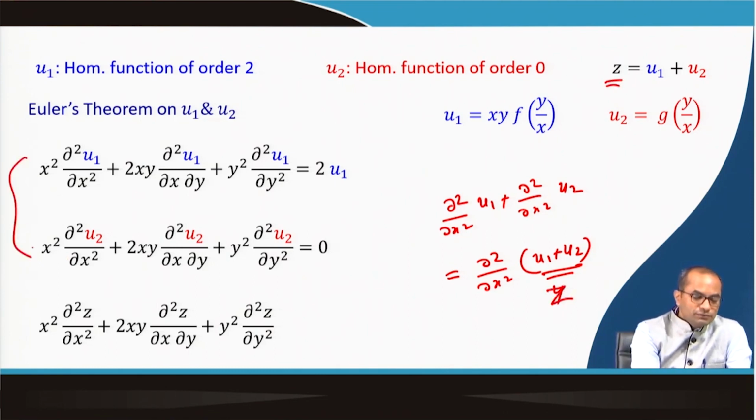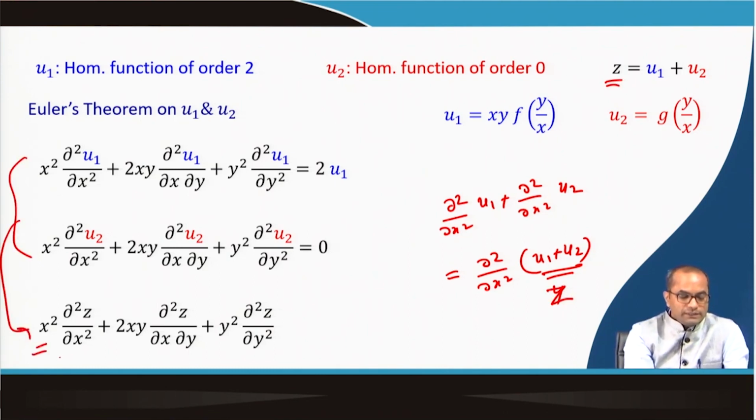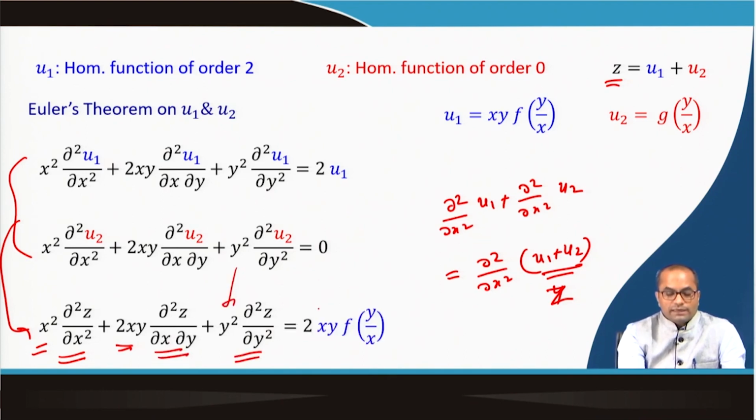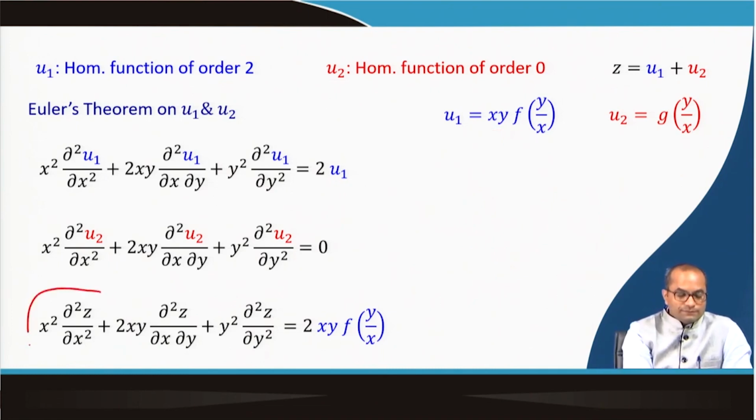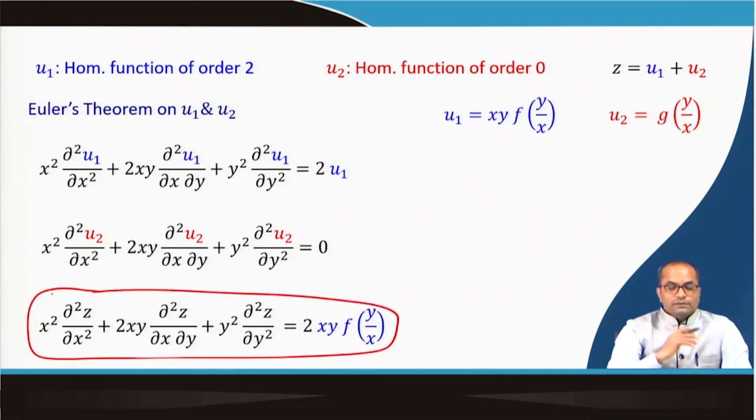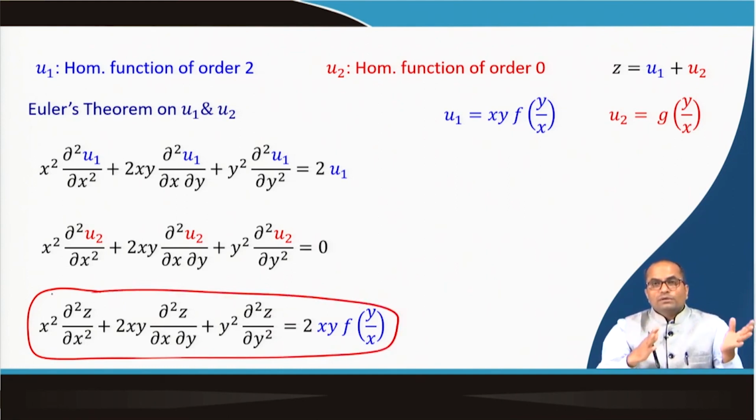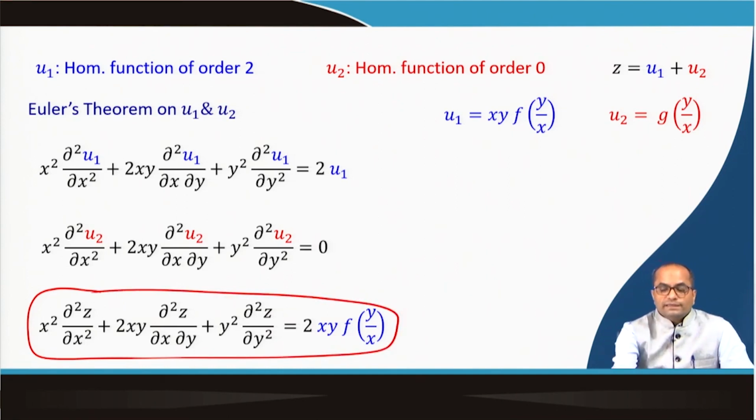So, when we add the two, we will get x squared del 2z over del x squared, 2xy del 2z over del x del y, y squared del 2z over del y squared, and the right hand side will be 2u1, and u1 is xy f of y over x. So, this is the result when we apply Euler's theorem on u1 and u2, and by adding the two we get the result on z.